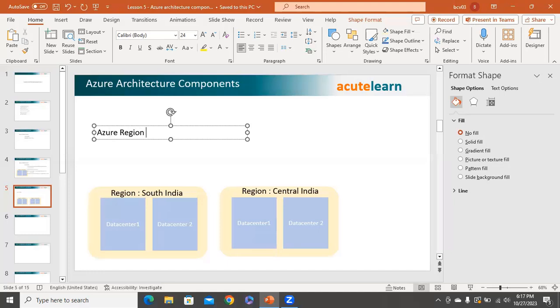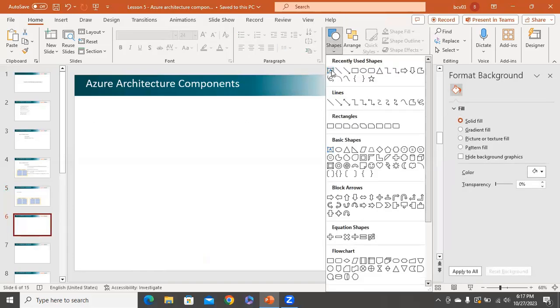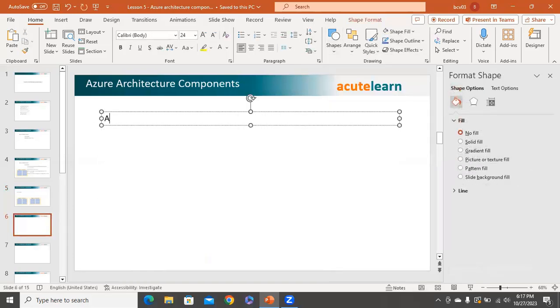Now we use something called Azure availability zones. There is a terminology called availability zones.